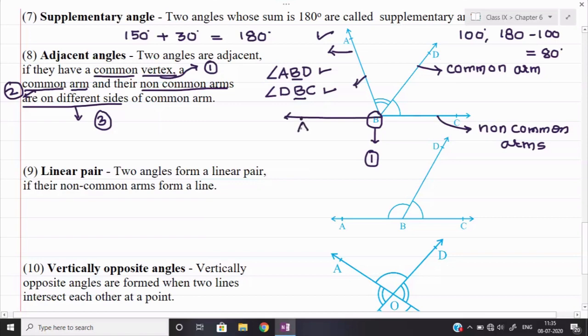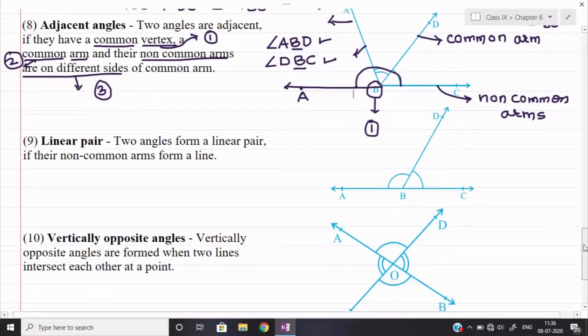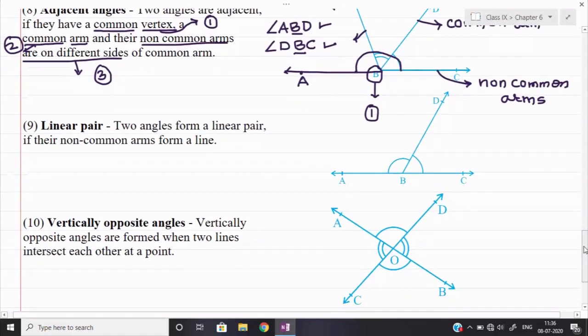Now observe, they are forming a straight angle. The same figure is drawn down also. The side AB is coming and making one particular line. So AB and BC together are forming a line, and DB was a common arm between them. So the total angle formed in this case will be a straight angle.